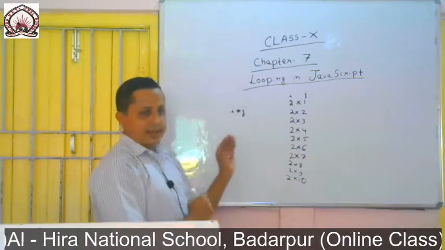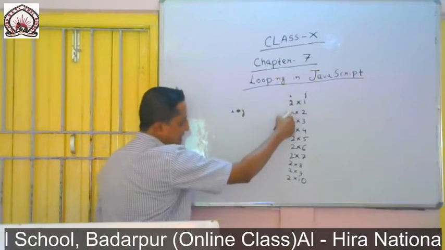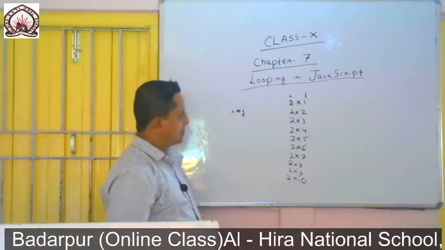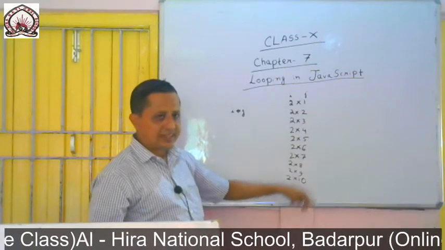Now what is it saying? i is fixed, but j is going 1, 2, 3, 4, 5, 6, 7.